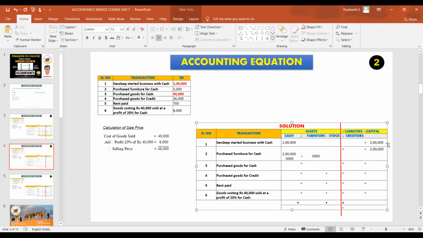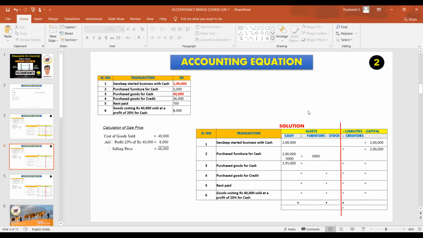Check here, left hand side, how much is there? 2 lakhs minus 5,000, how much does it become? 1 lakh 95,000. Very good. 1,95,000 plus 5,000 becomes 2 lakhs. So left hand side is equal to right hand side.